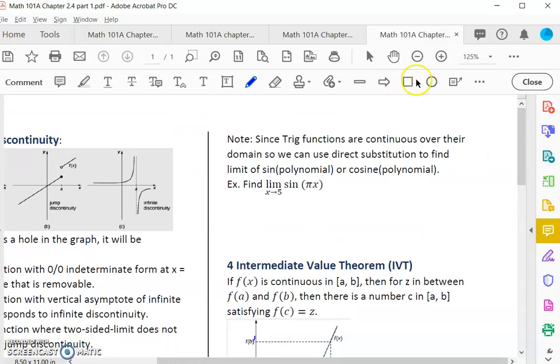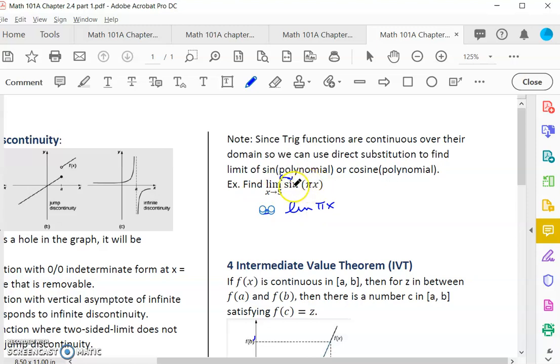Since trig functions are continuous over all their domains, we can use direct substitution to find the limit of sine of a polynomial or rational function, provided that the inner limit exists. Okay, so let's say we want to find the limit as x approaches 5 of sine pi x. This is a composite function.